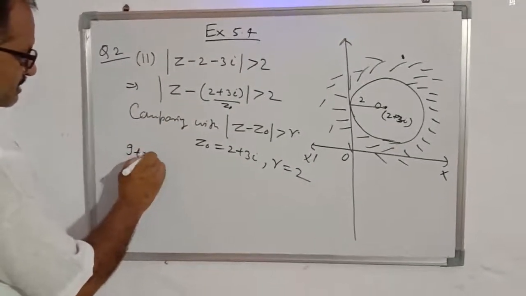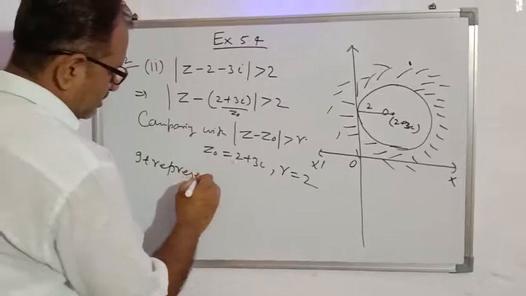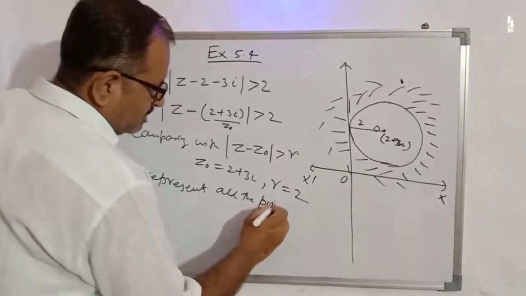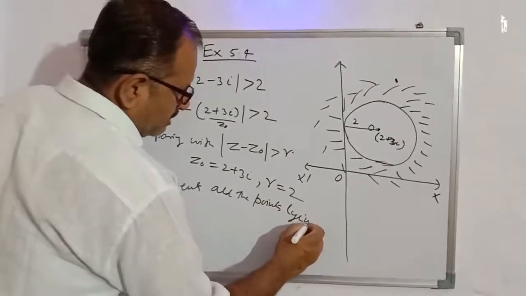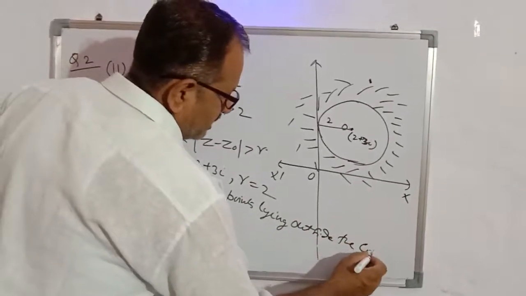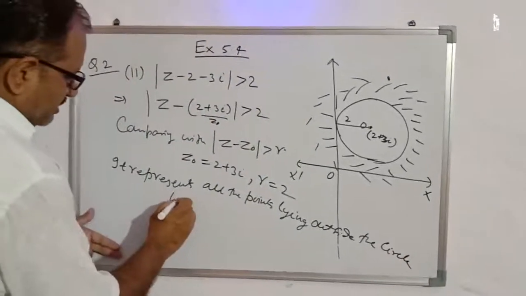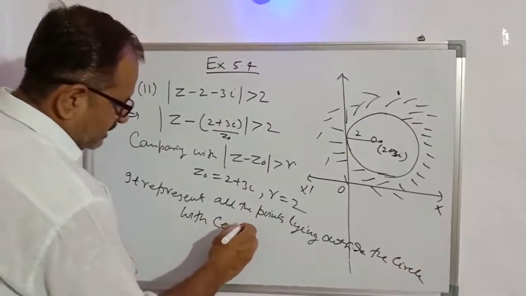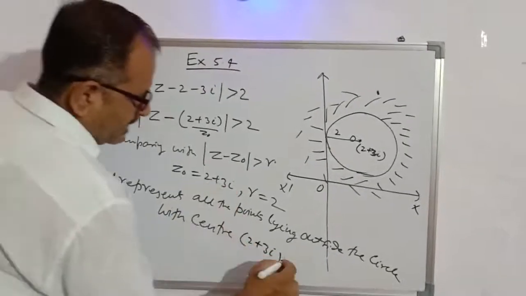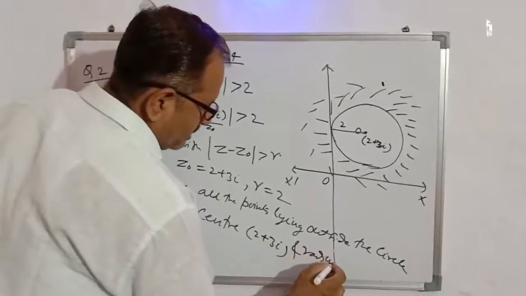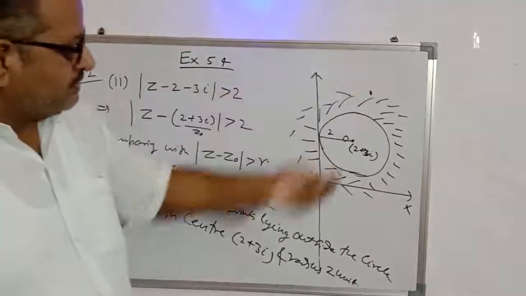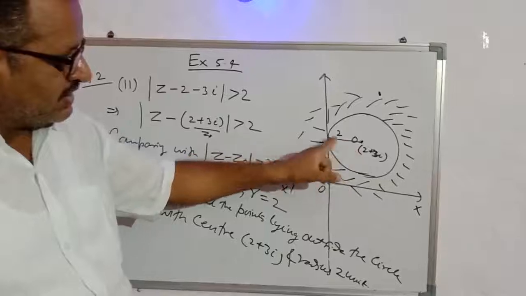It represents all the points lying outside the circle with center 2 plus 3i, this is the center, and radius 2 units.